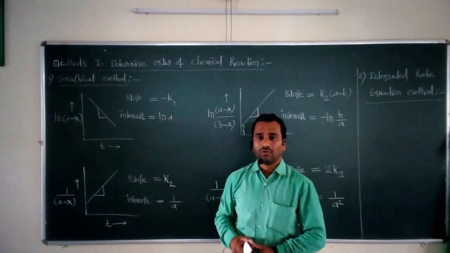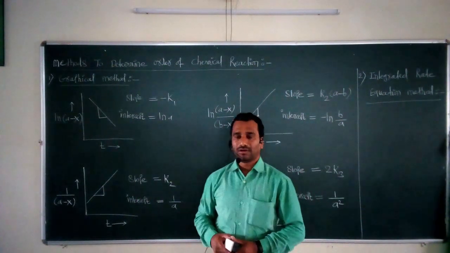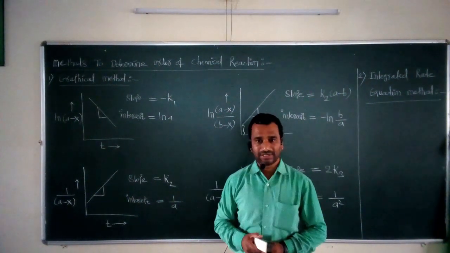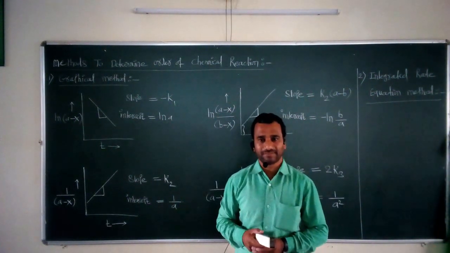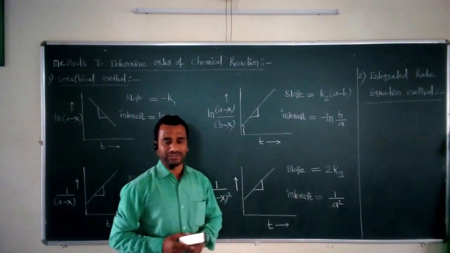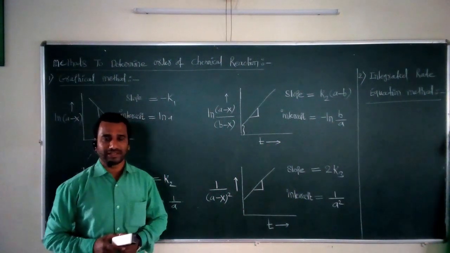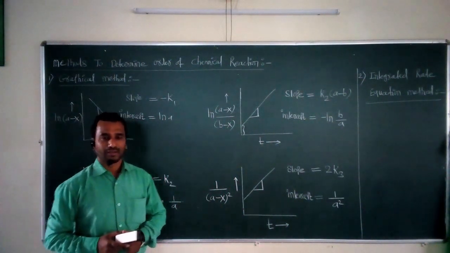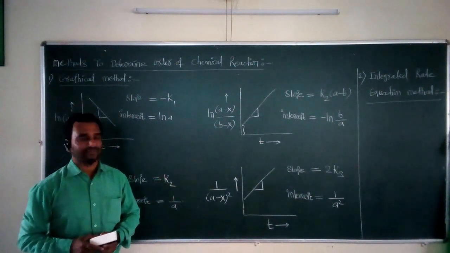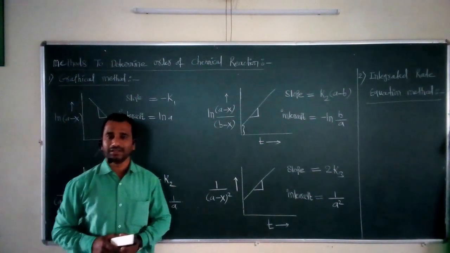Now, what consideration we have to take according to this graphical method, and what are the advantages of that method? Just as we studied one important characteristic of the third order reaction in the last video lecture, in the same way we have to study this method for evaluating the order of a chemical reaction.